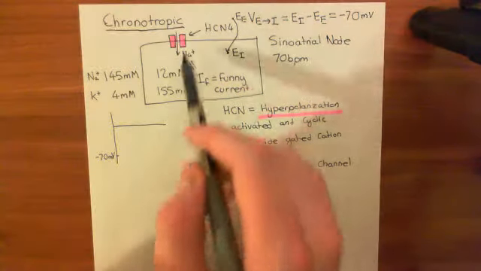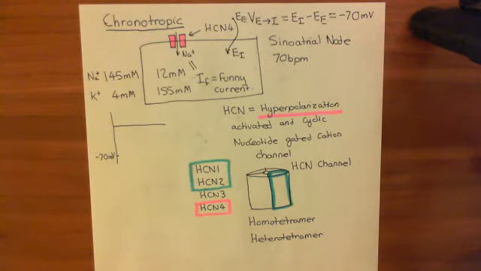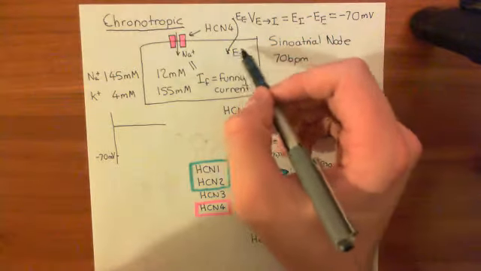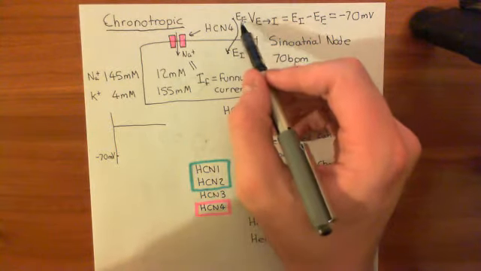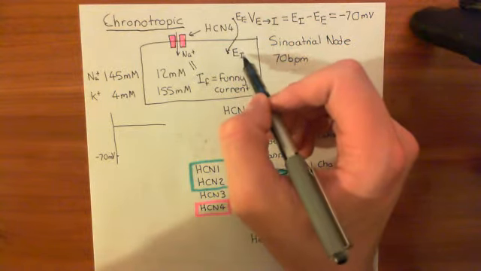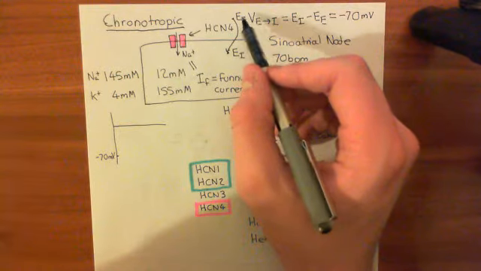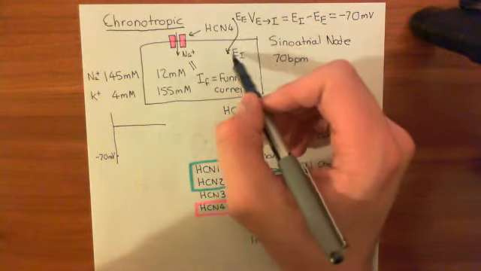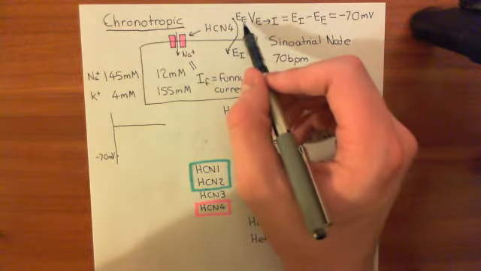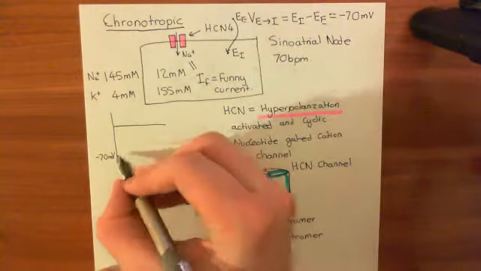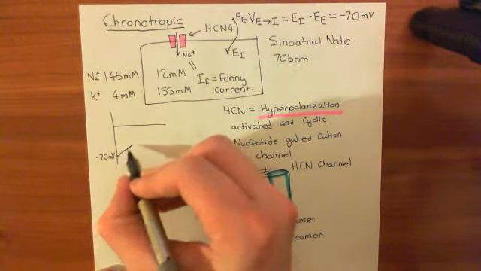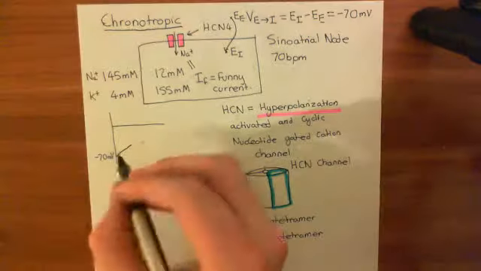Initially we were at negative 70 millivolts, meaning the intracellular electrical potential was lower than the extracellular by a whole 70 millivolts. But now we're raising this and reducing this, so the amount by which the intracellular potential is lower is going to get smaller. So what you're going to get, basically, is a steady depolarization as the funny current comes in.